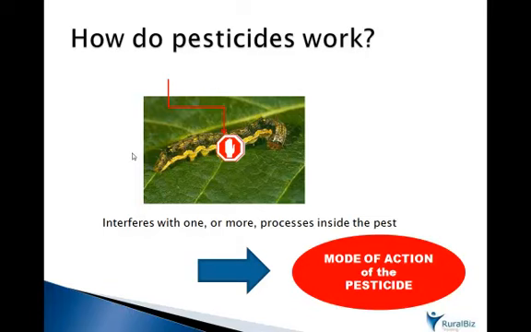Some pesticides are very selective. They kill specific pests. Other pesticides are non-selective, or they kill a broad range of pests. A good example is Roundup, which is a non-selective herbicide. It's used to kill many different types of weeds.